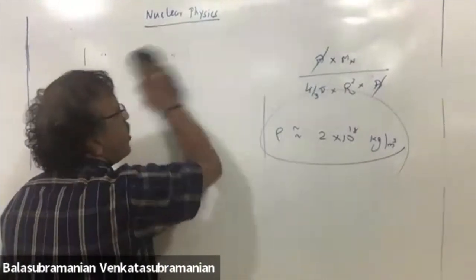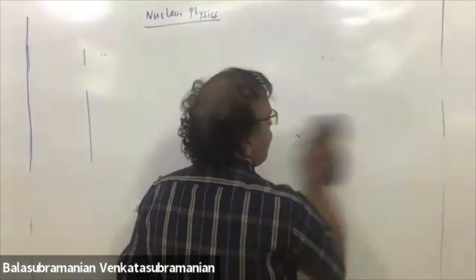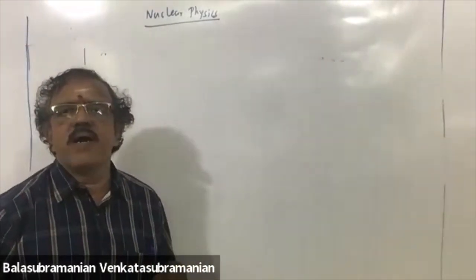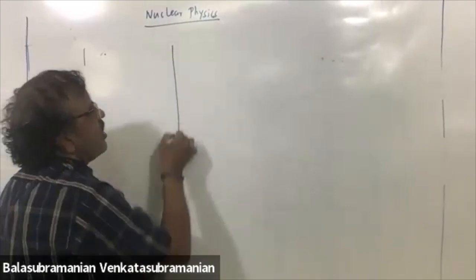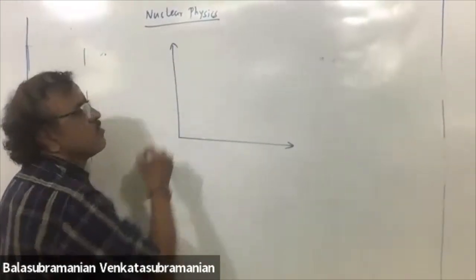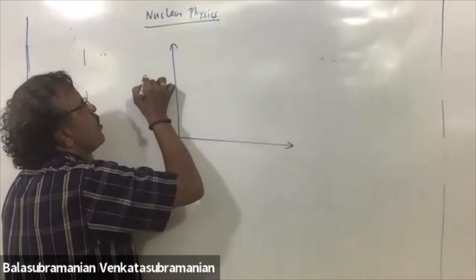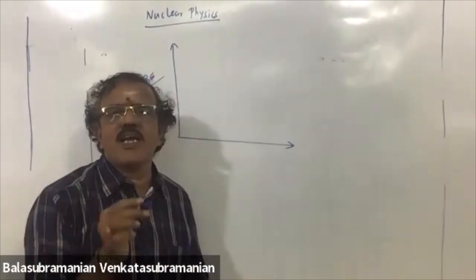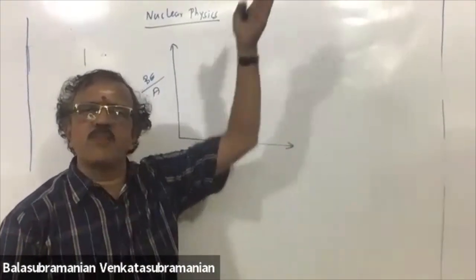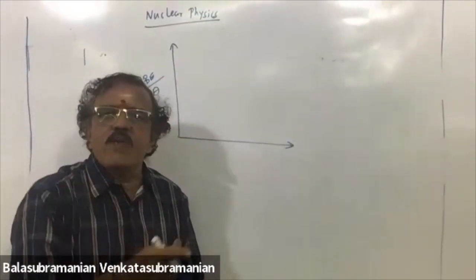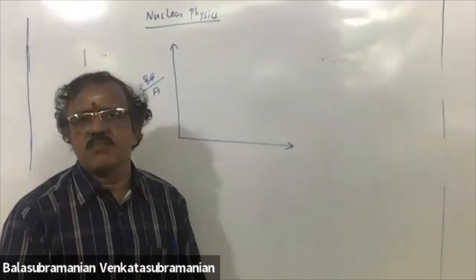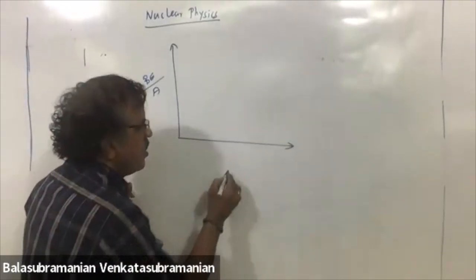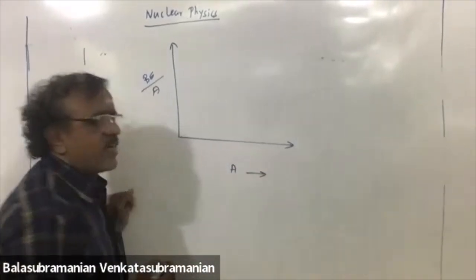So, we have discussed mass defect and binding energy. Now draw a graph of binding energy per nucleon. For any particular element, from hydrogen to uranium, you calculate binding energy and divide by that element's mass number. B by A you take on the y-axis, and A you take on the x-axis.